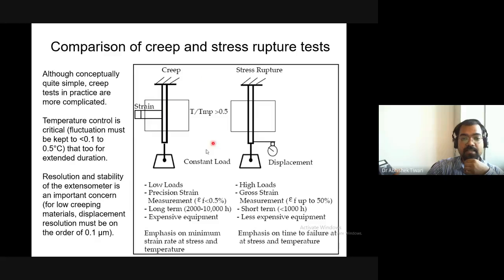So to avoid that time consumption, you can use another way of testing, where in less time you can predict more creep properties using the same setup, but you don't waste too much time in doing the testing, okay? So we will now see more about this creep testing and stress rupture testing, as it is called, in more detail in the next part.